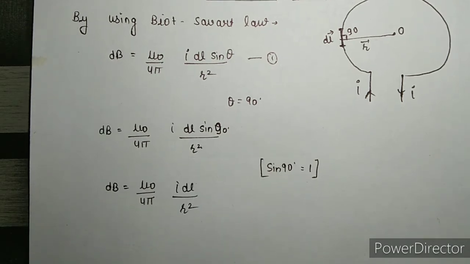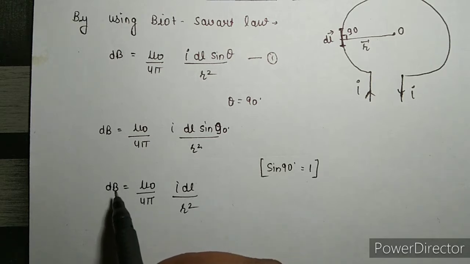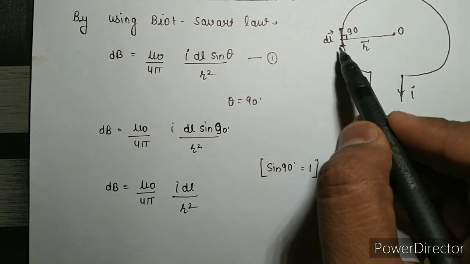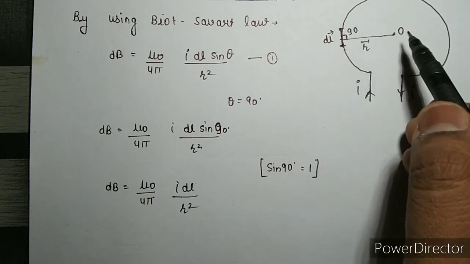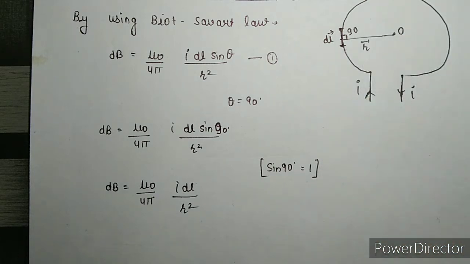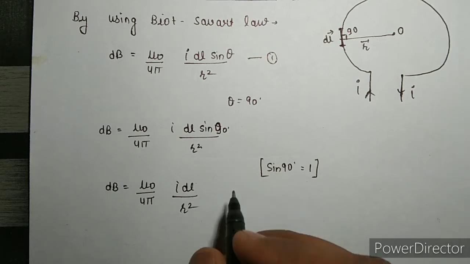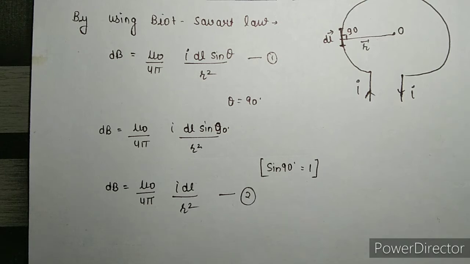Now this is the magnetic field due to this element, but we have to find the complete magnetic field at the point O. So we should integrate equation 2 to get the whole magnetic field at the center.